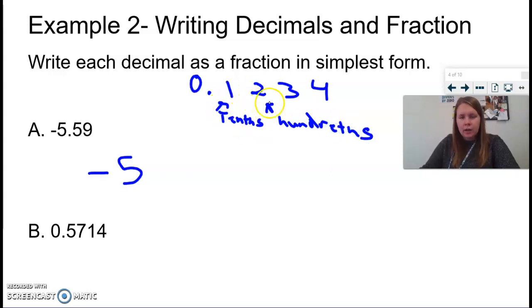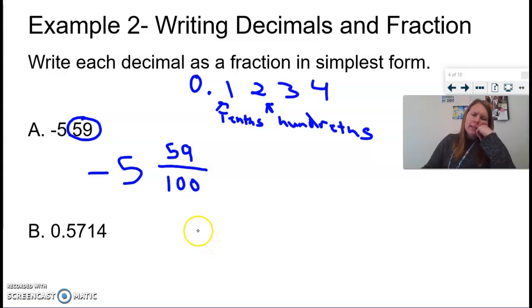So tenths, hundredths, thousandths, ten-thousandths, and so on. So now that I'm looking at this, I'm going to take this fraction part. That's going to be the numerator of my fraction for now, until I can figure out if I'm simplifying it. And then I take the place value that last number is in, and that is the hundredths, so I'm going to put it out of 100.